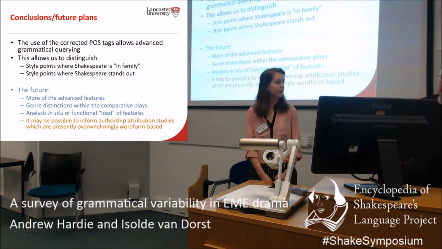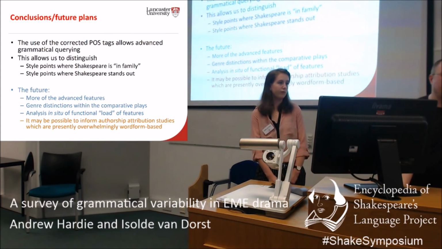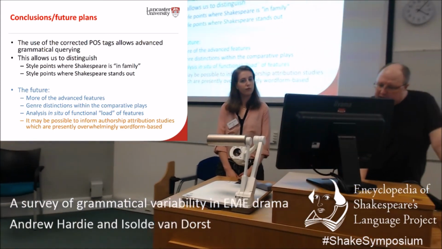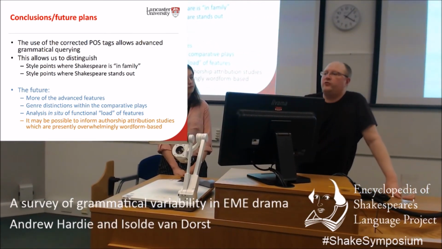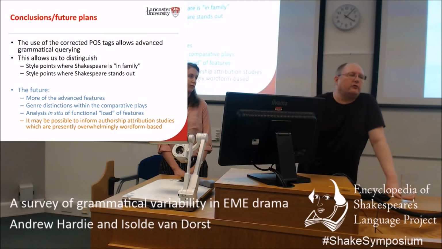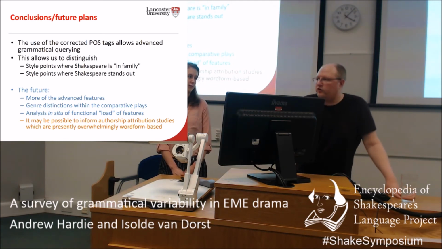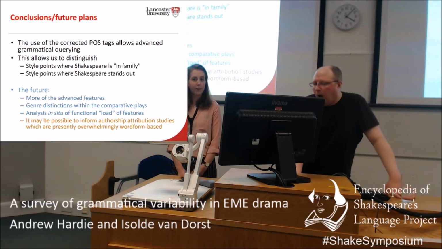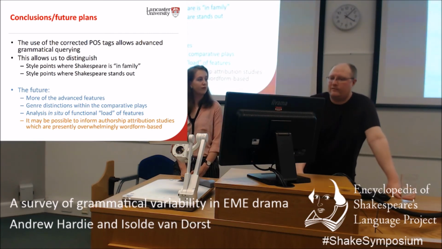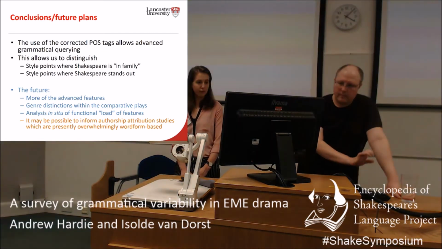Authorship attribution, even applied to Shakespeare, is still methodologically fairly primitive in that it relies overwhelmingly on word forms and counts of word forms without considering grammatical categories or grammatical constructions or grammatical roles. And there is perhaps some opening for this kind of work to have a beneficial influence there.